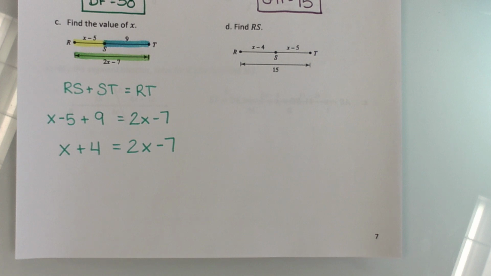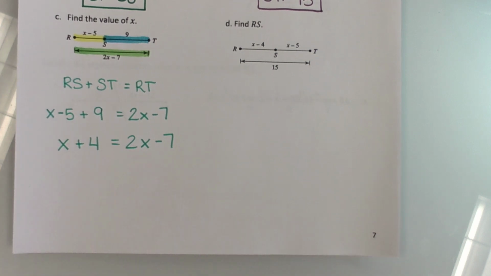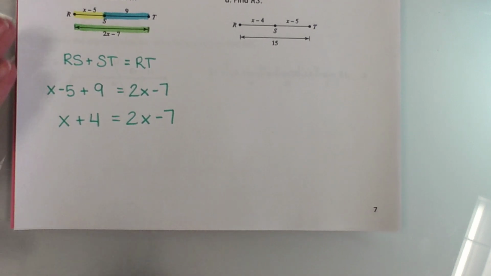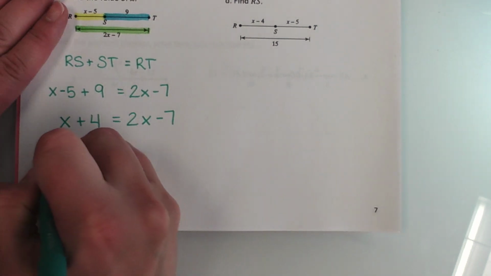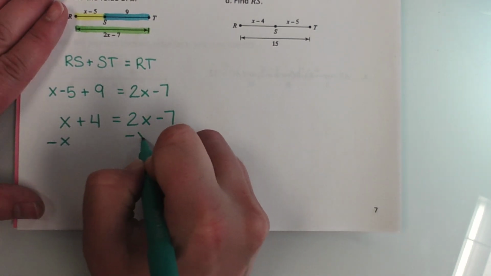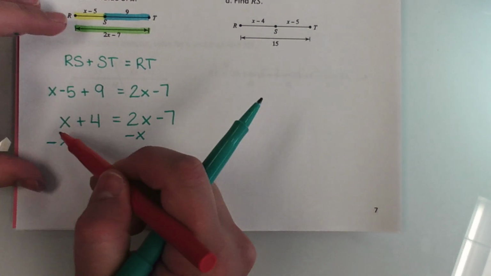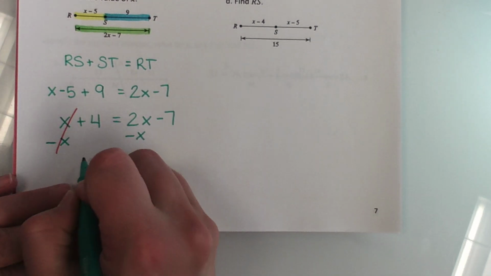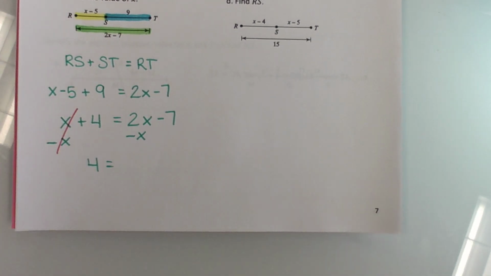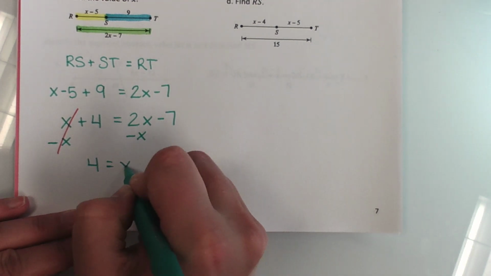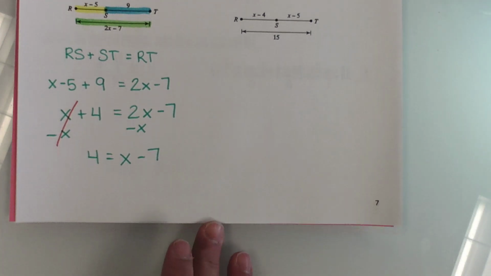They're both positive. So I'm going to have to subtract. Do you want to subtract the x or the 2x? Generally the smaller one. Subtract x. Cancels out on this side. I'm left with 4 equals 2x minus x. X. Still minus 7. How do I get x alone?